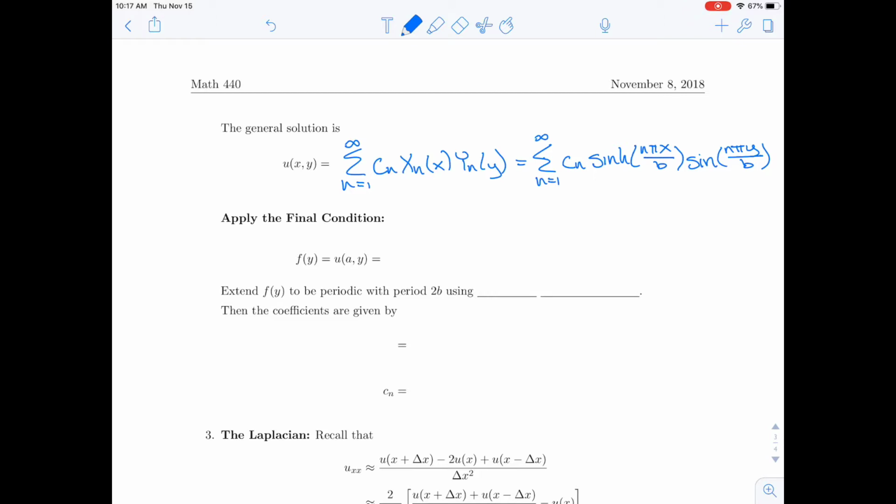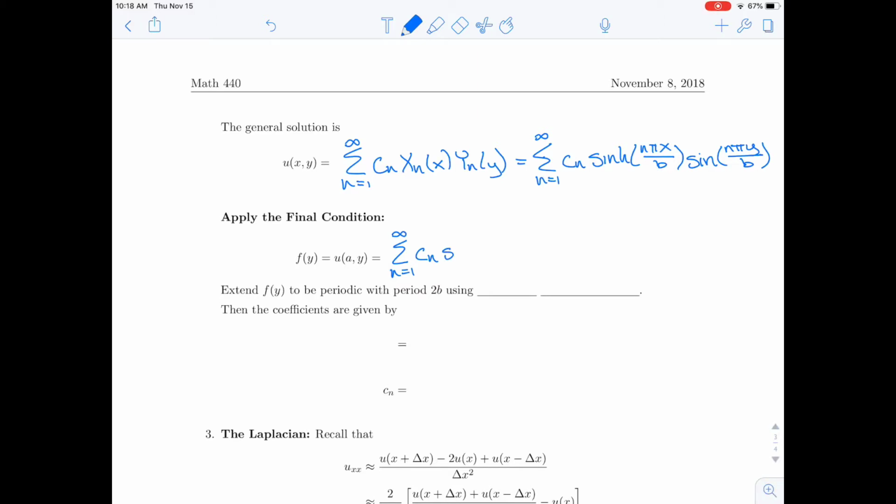Now we want to apply the final boundary condition. That was that f of y is equal to u of a, y. This is the sum from n equals 1 to infinity of c sub n sinh of n pi a over b times the sine of n pi y over b.